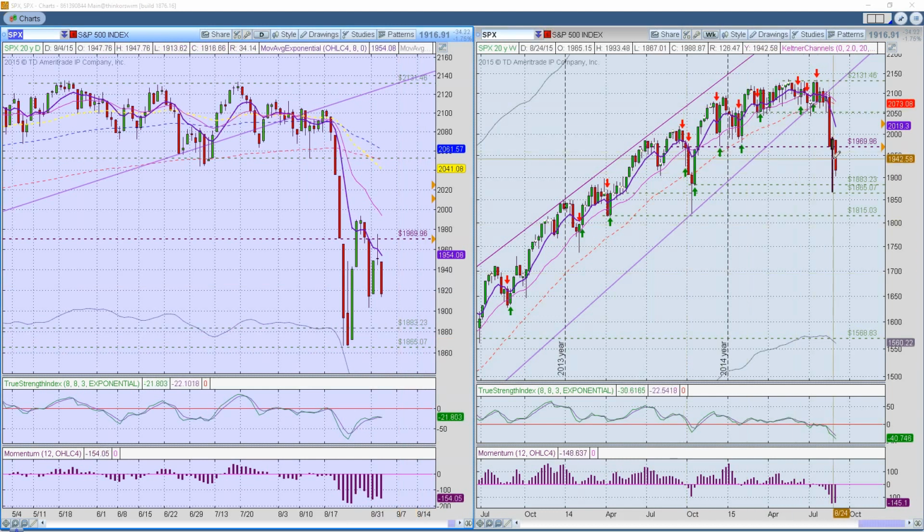The hammer from last week on the weekly chart is still in play. That means this reversal signal is still valid, and it will remain valid until the low of the wick on last week's candle is broken through. And Judy, I'll ask that question in just a second.